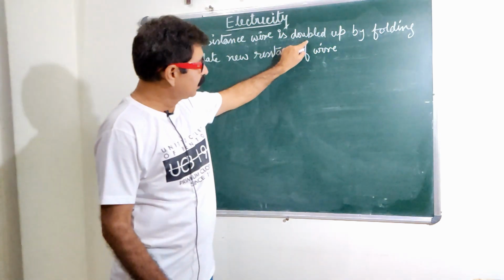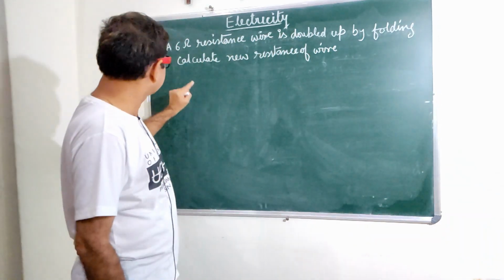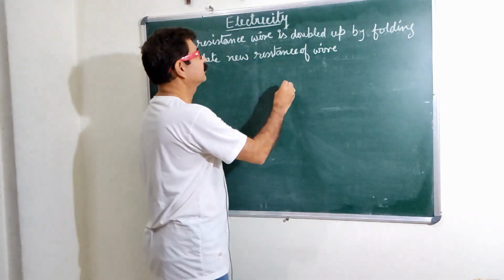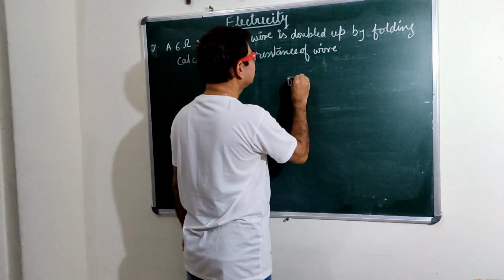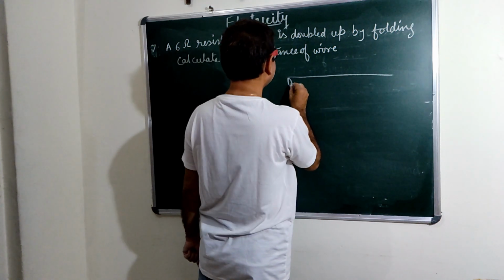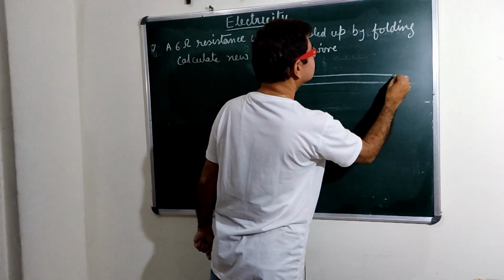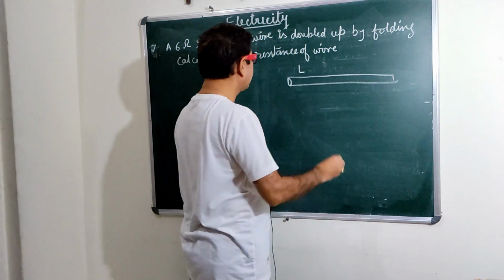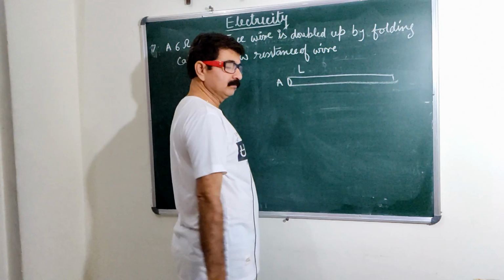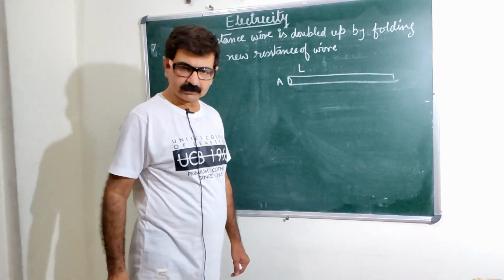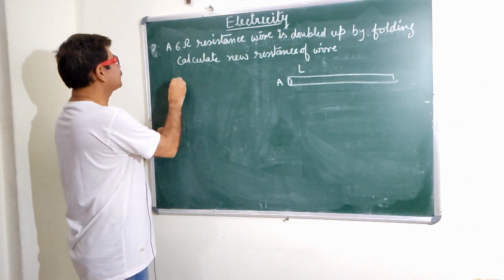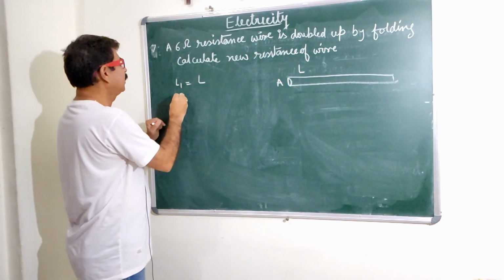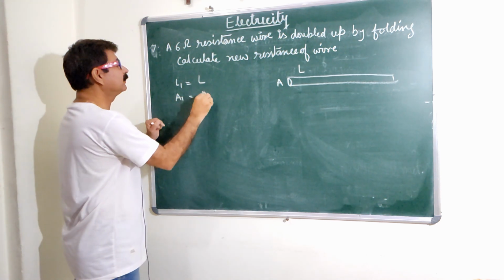Since wire is doubled up by folding it, calculate new resistance. Let this be a wire and having the length L, area cross section is A. What we can say, L1 is equals to, when its state was L, A1, that is A, right?